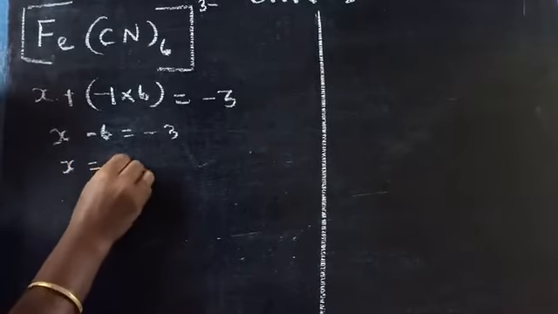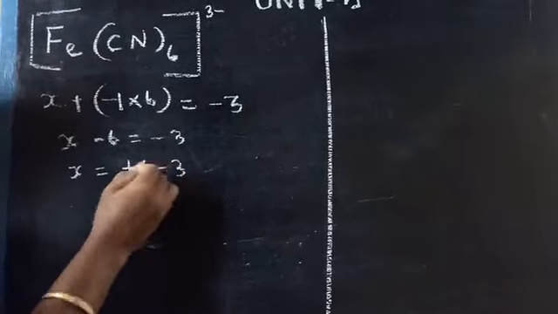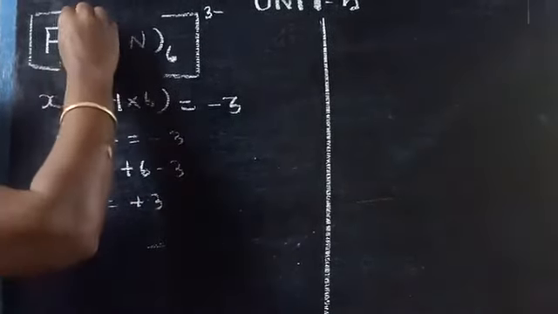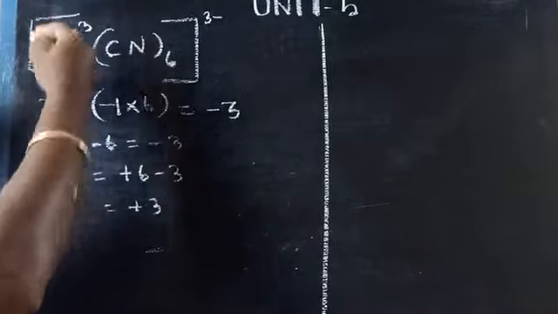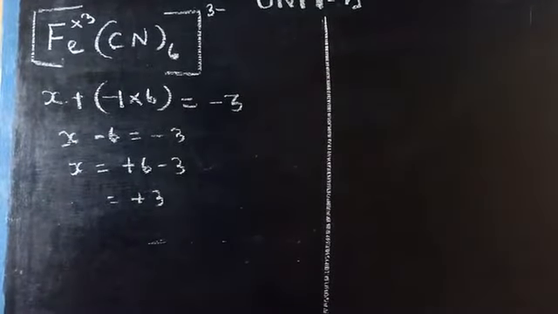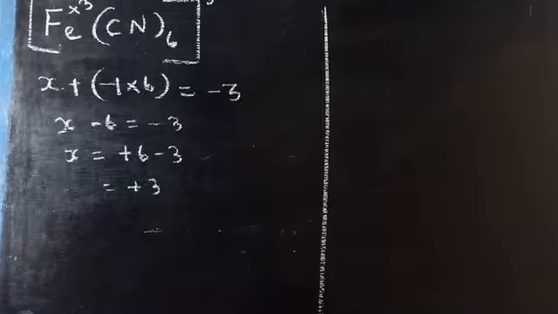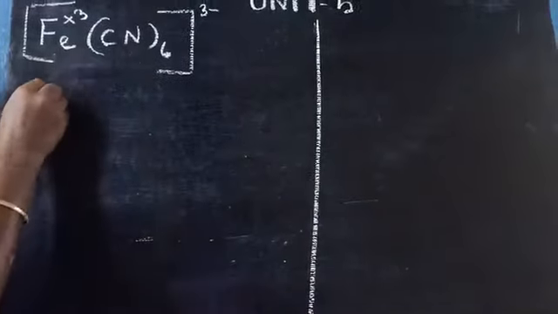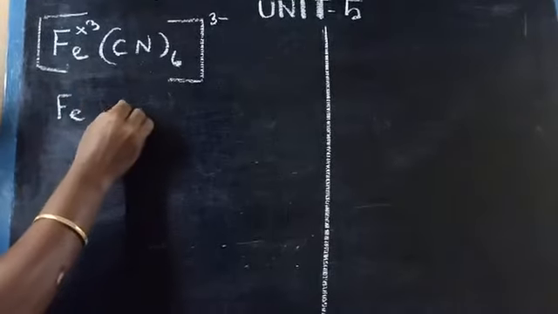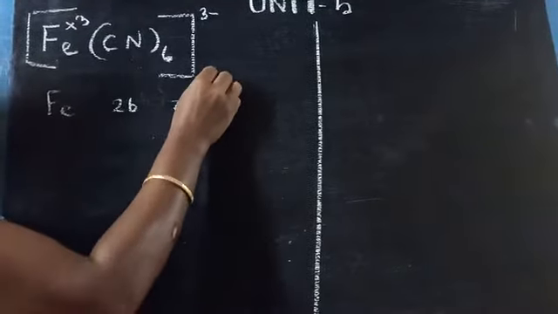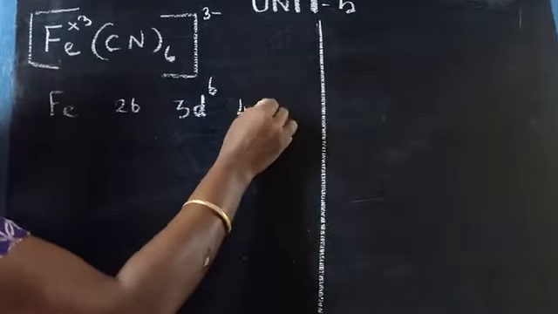X equals plus 6 minus 3 equals plus 3. Okay, so the oxidation state of iron is plus 3. Now write the iron atomic number and electronic configuration. Okay, Fe atomic number 26, electronic configuration 3d6 4s2.